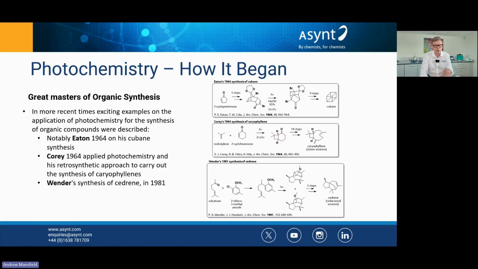And you can see they're all from a good 40 years ago. So this technique's been used for a while. But what you can see from these reaction schemes is that from relatively simple starting materials, we're building incredible complexity in a very small number of steps. And that's where photochemistry on small molecule synthesis can really help us. Developing that complexity in reduced synthetic routes.